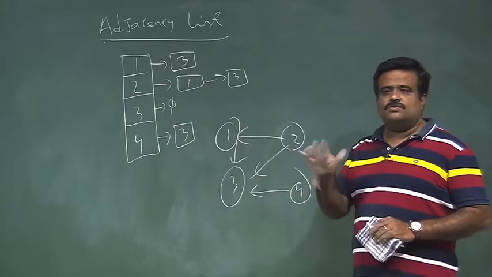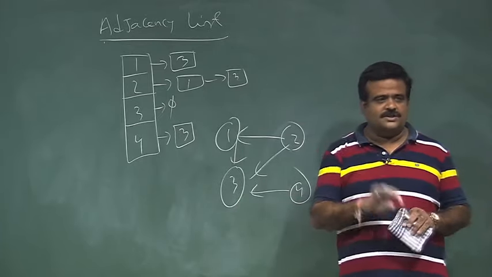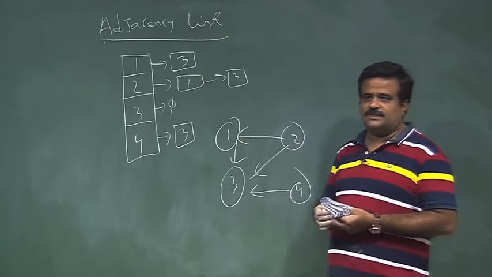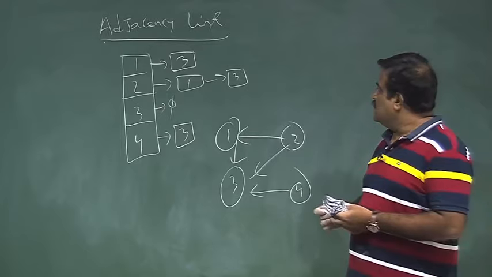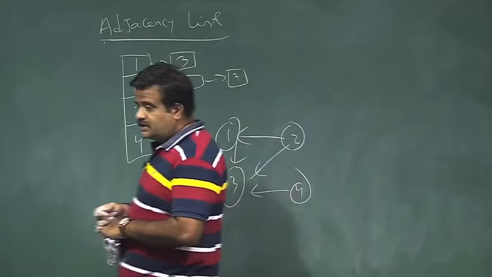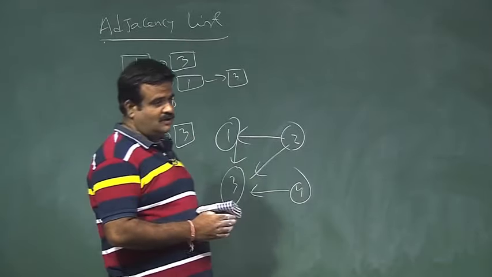Then it is good to go for an adjacency matrix, because that is a 0 1 representation, just a bit vector of 0 or 1. Okay. So, that is a very nice data structure. If it is a dense graph, that means the number of edges is large, then we will go for the adjacency matrix representation.